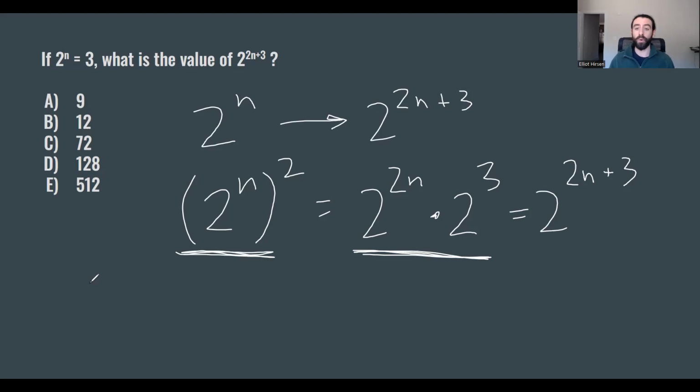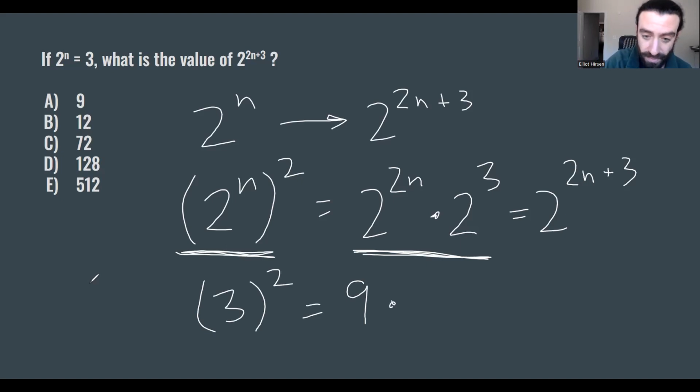I'm going to rewrite just as I have in that middle line, but instead of 2 to the n, I'm going to write 3, and that's what's going to get squared. We all know that 3 squared is equal to 9. And now 9 is what's going to get multiplied by 2 to the third.